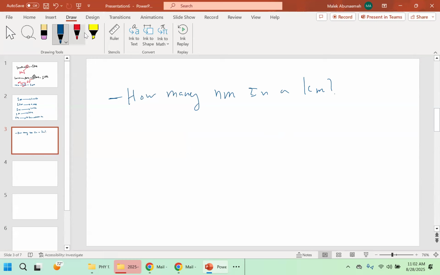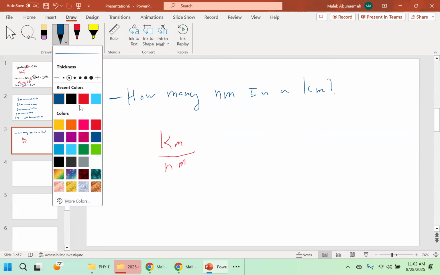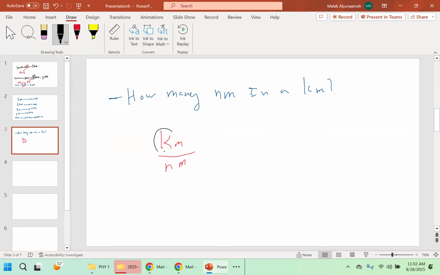So basically, this is your kilometer over here, and this is your nanometers. Let me get a black color. Again, your kilometer, your kilo, is going to be your 10 to the 3 power. Your nano, which is your n, is going to be your 10 to the negative 9 power.